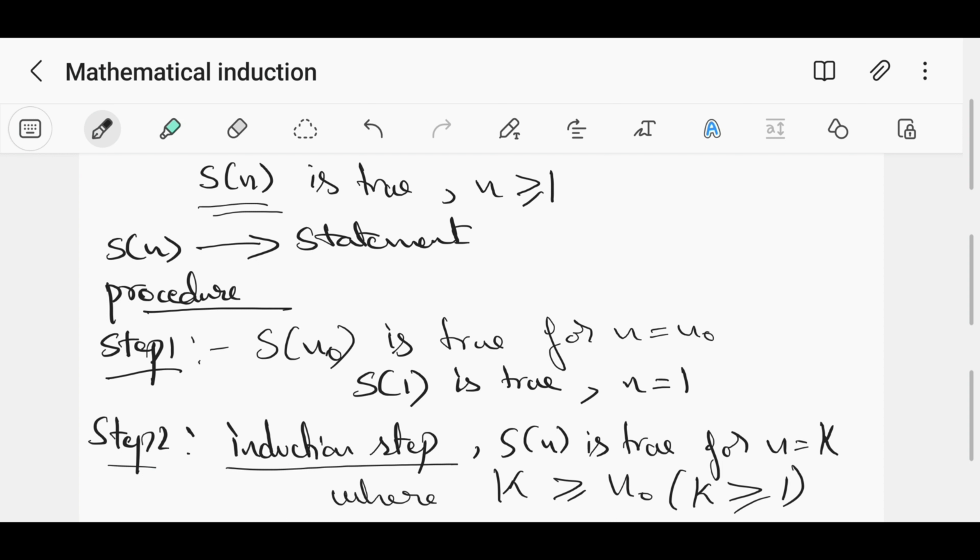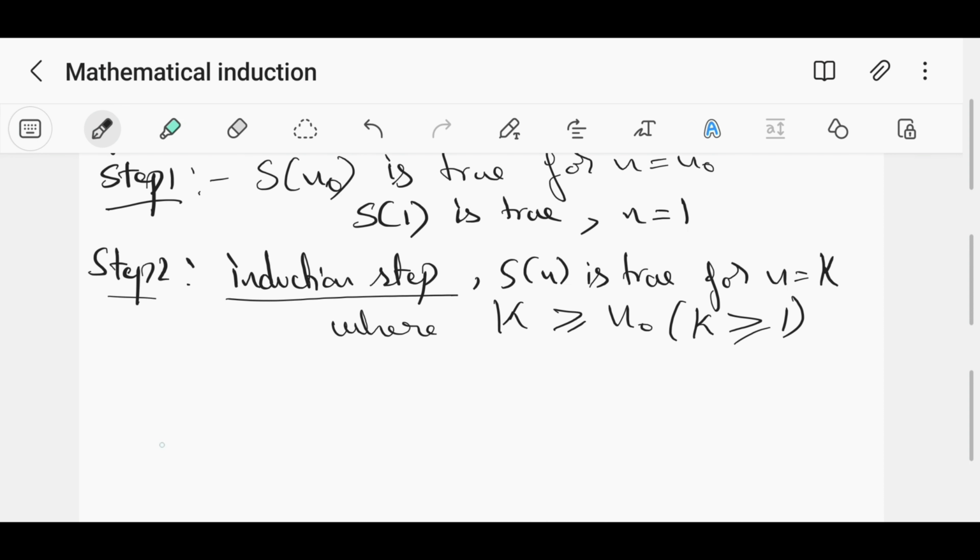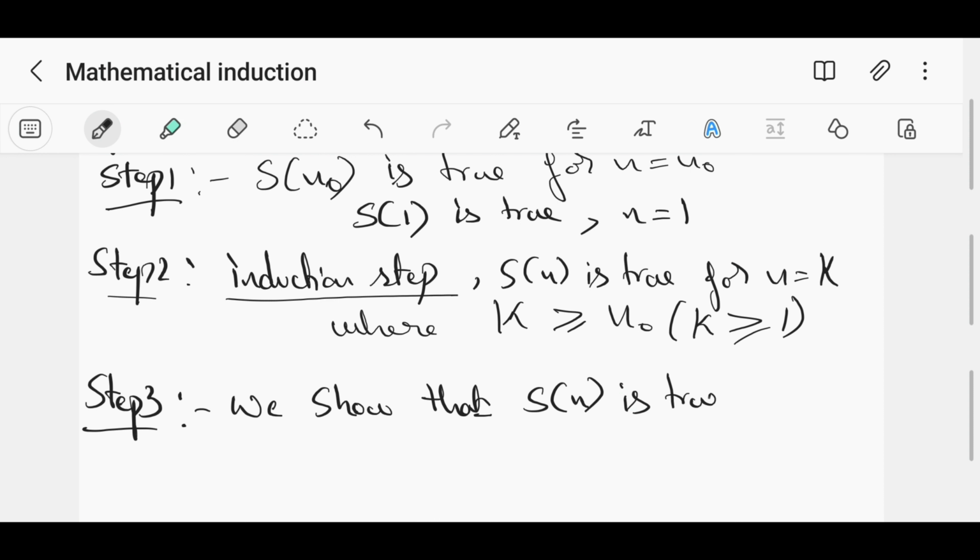So we assume that S of n is true for n equal to k. That is step 2. Step 3, here what we do is we show that this S of n is true for n equal to k plus 1.